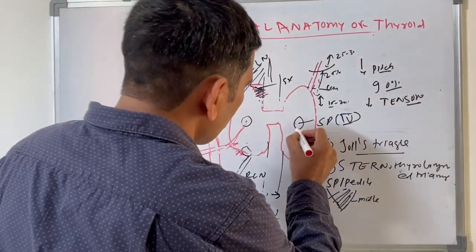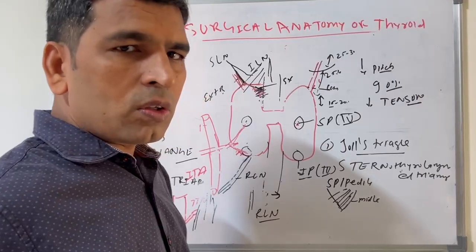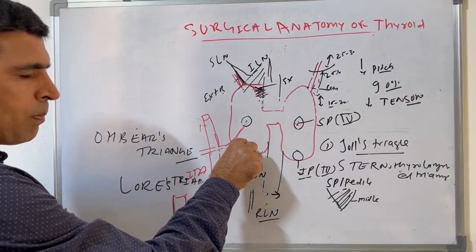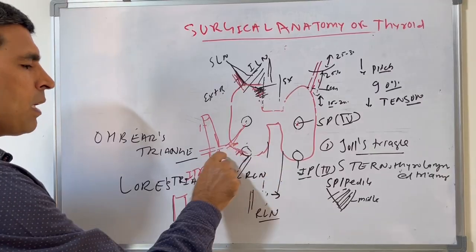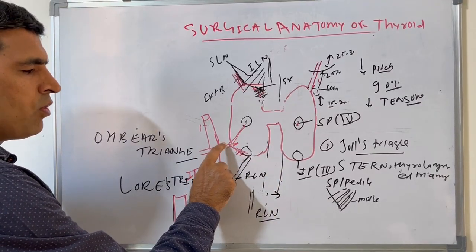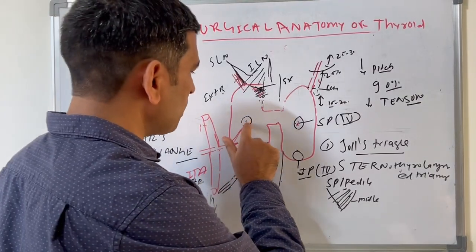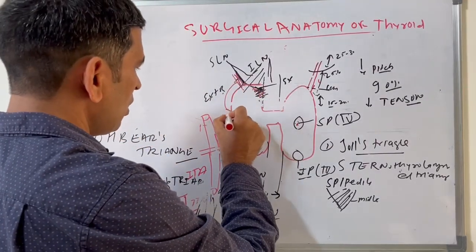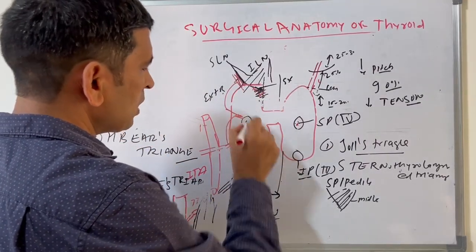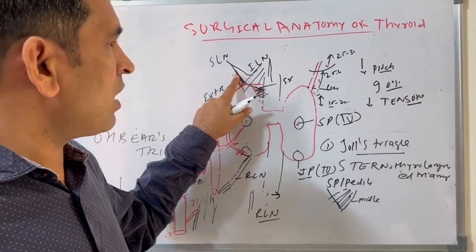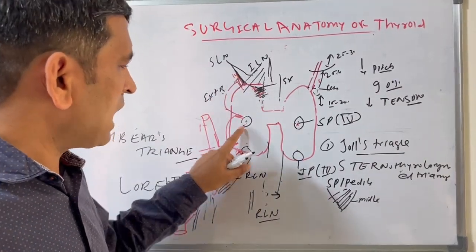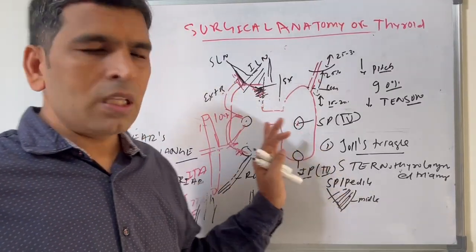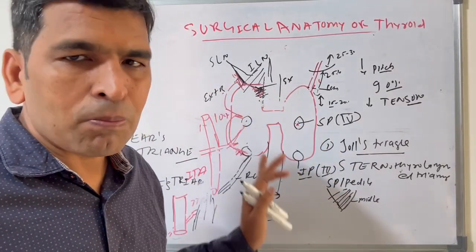The inferior parathyroid is 100% supplied by the inferior thyroid artery, while the superior parathyroid is sometimes supplied by anastomotic branches between the superior thyroid artery and inferior thyroid artery in 10% of the cases. Most of the things in thyroid surgery is 10%.